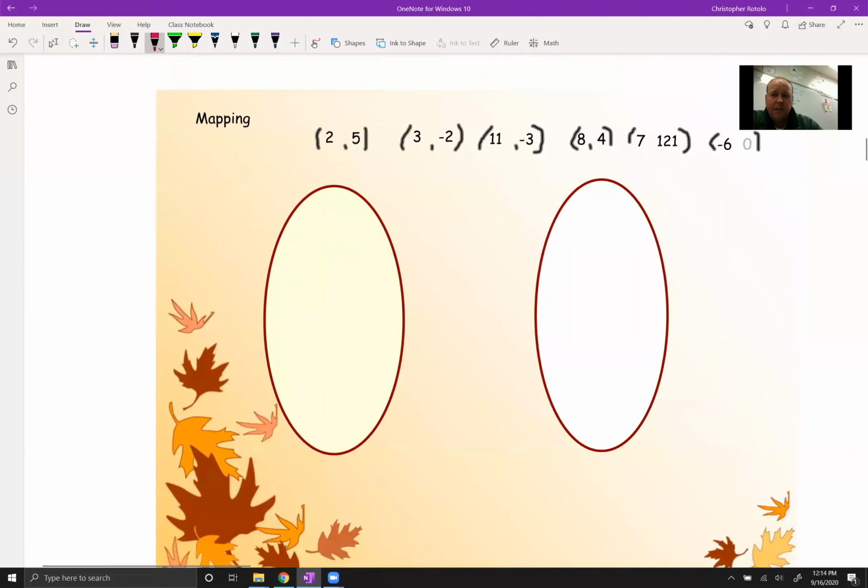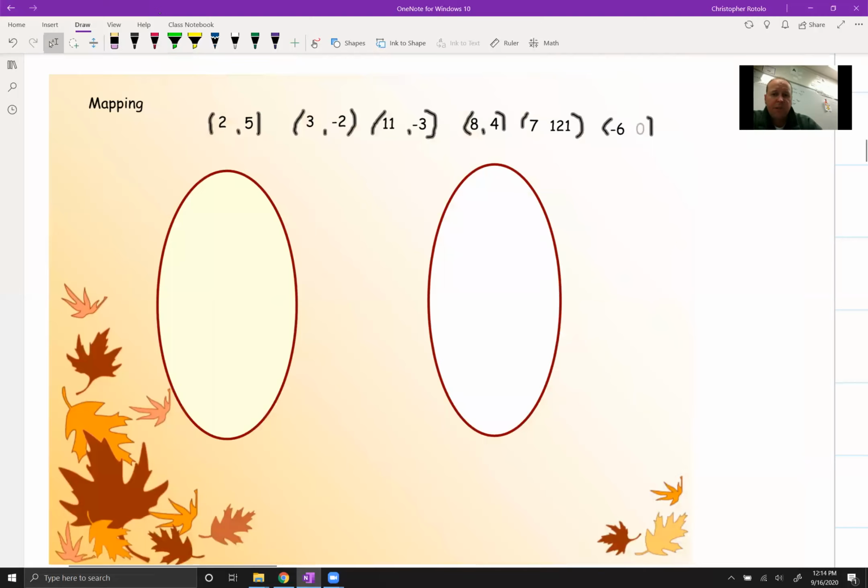All right, let's try it again. All right, got some numbers on here already. So we're going to go ahead and pause and jot the numbers in there. Domain, all the x's. 5, negative 2, negative 3, 4, 121, 0. All right, so we map them over.